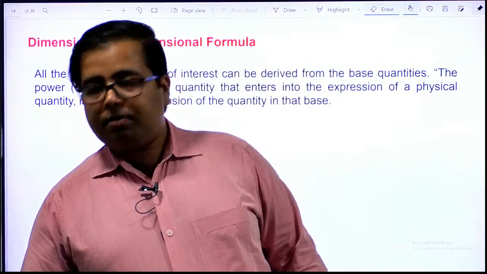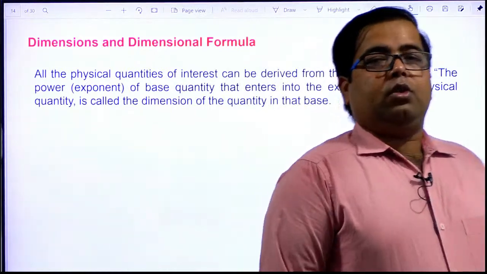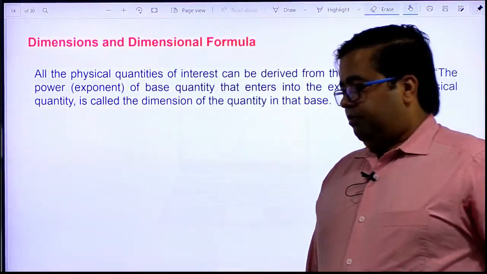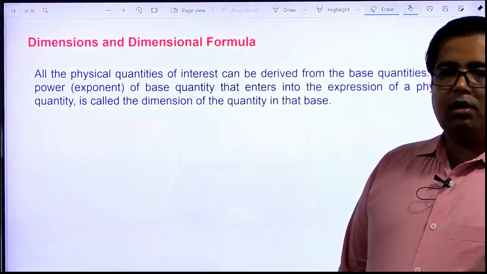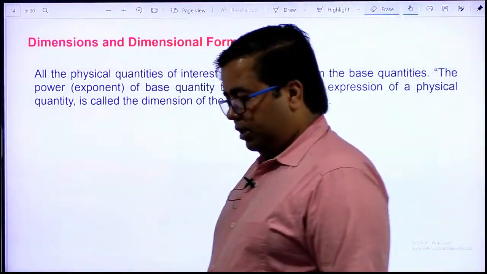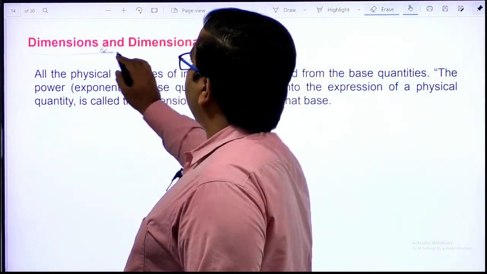Now I didn't get any response, so I am starting this dimension. Dimension is, I think, more important than the units, but both have their own importance. So let's start with dimensions and dimensional formula.